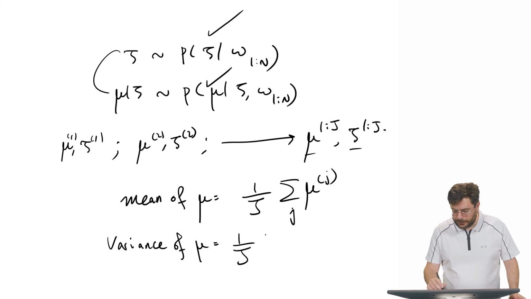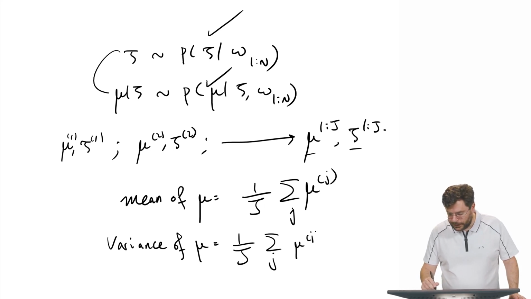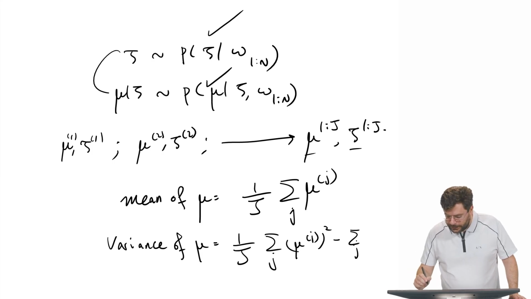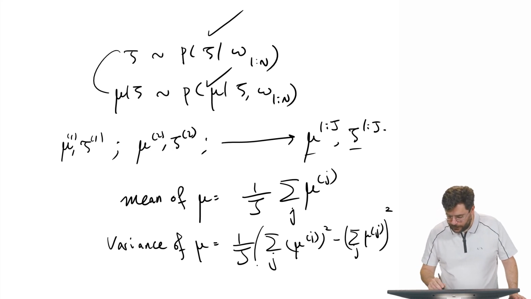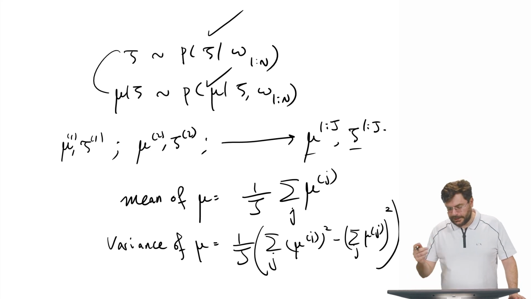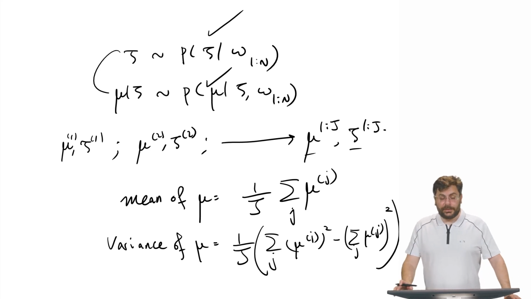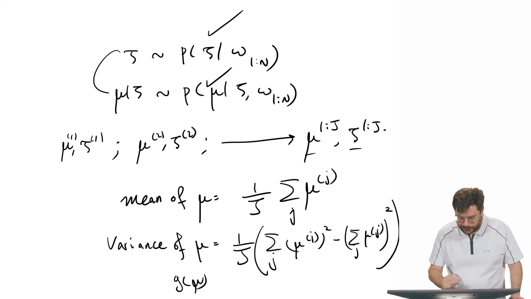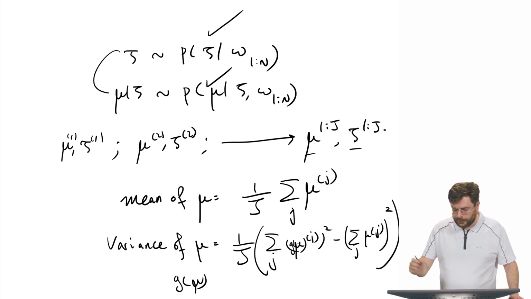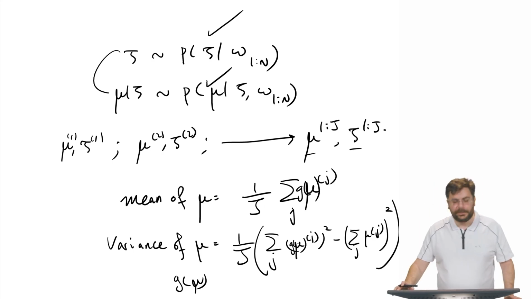That's going to be 1 over J sum over j of mu j squared, minus the bracket of 1 over J sum over j of mu j, all squared. So that's the variance. But I can also compute things that may be very difficult to compute analytically, such as various functions of mu, by simply replacing this mu here by g of mu, and so forth.